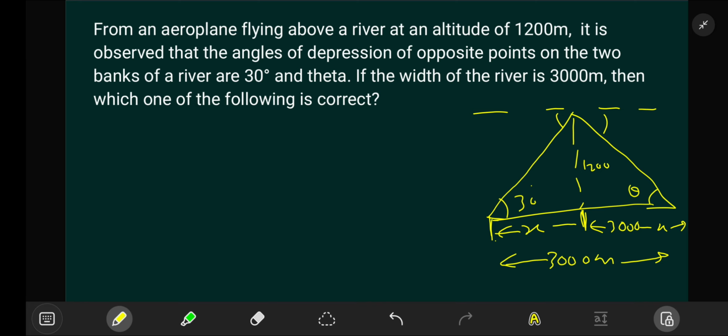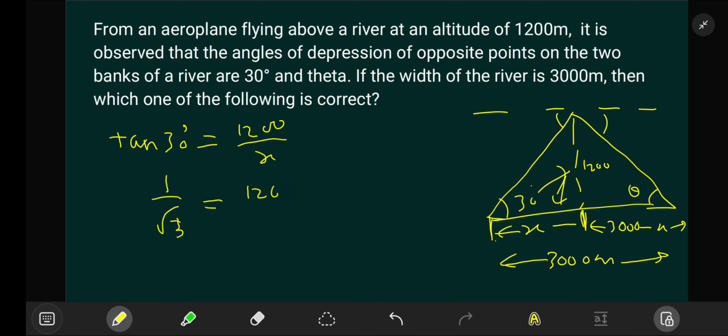Now apply tan 30 degrees, that is equals to, this is the 30 degrees, tan theta is perpendicular upon base, that is 1200 divided by x. Tan 30 degrees is 1 by root 3, that is equals to 1200 divided by x, and x is equals to 1200 root 3.